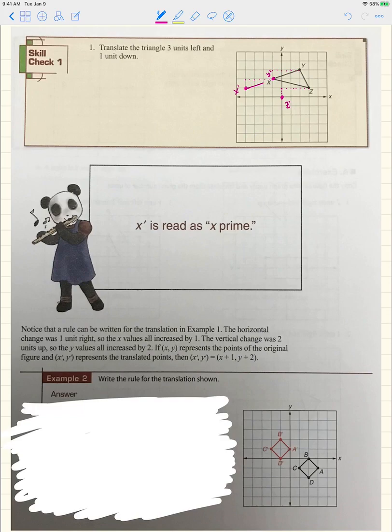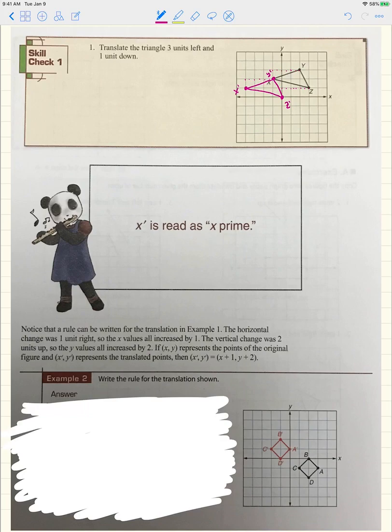Now connect your vertices. Whoops, I'm going to erase that because that's really crooked and that would drive me nuts. Okay. Connect my vertices. And the triangle looks the exact same shape, the exact same size. It's just moved positions.